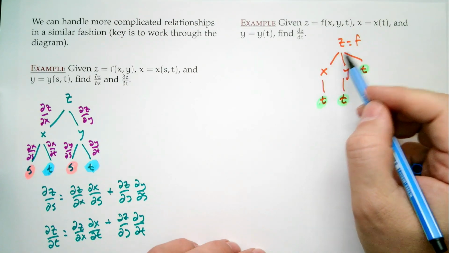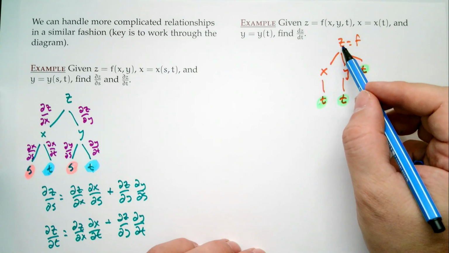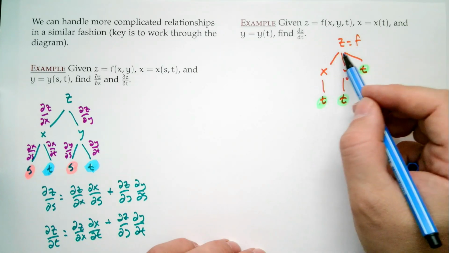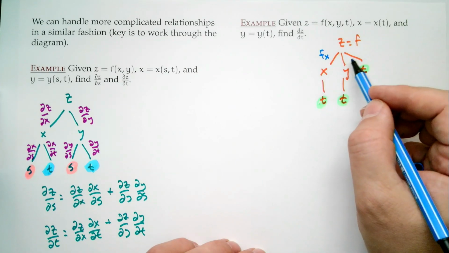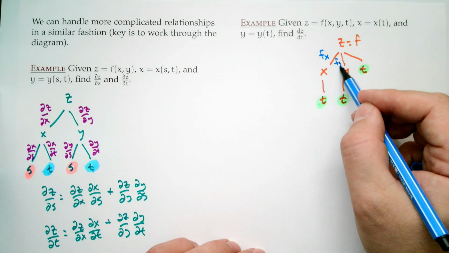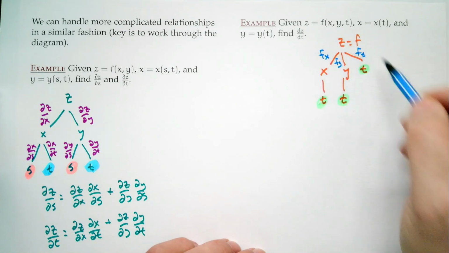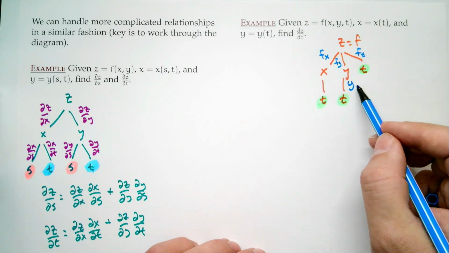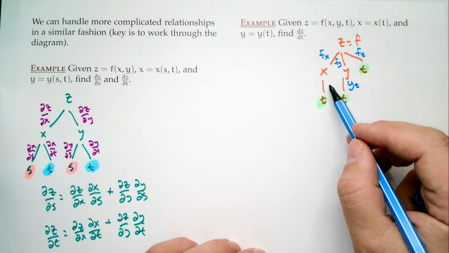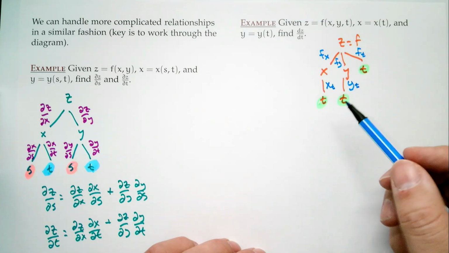So what do we do? Well, we read off the diagram. To make sure we don't confuse ourselves too much, instead of using z's, I'm going to use f. So here, this is f sub x, derivative with respect to x. The next one over is f sub y, and the last one here is f sub t. That way we don't confuse ourselves. Down here, again, I can use the subnotation y sub t and x sub t, or I could say x prime, y prime, but that's all right.